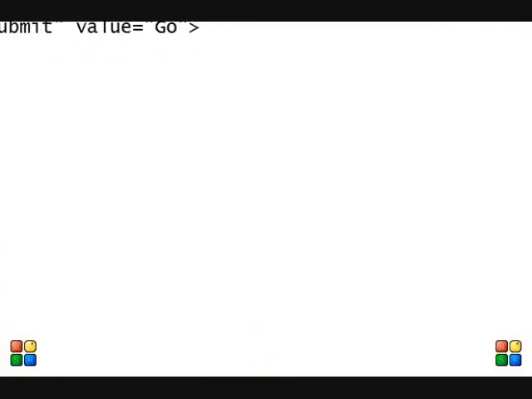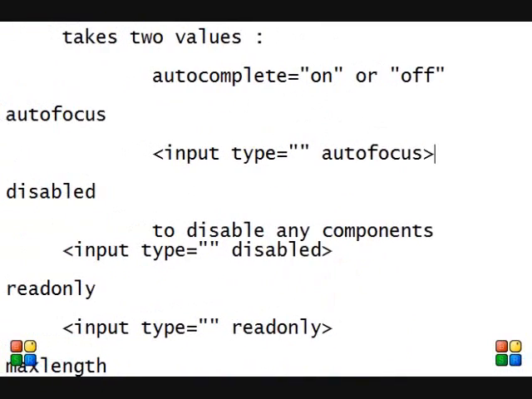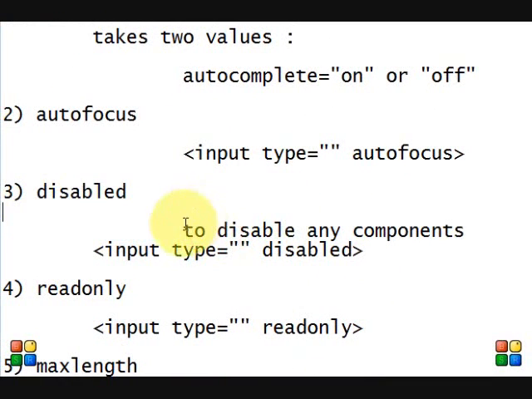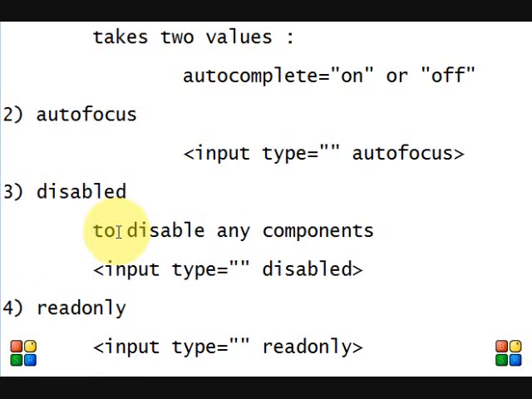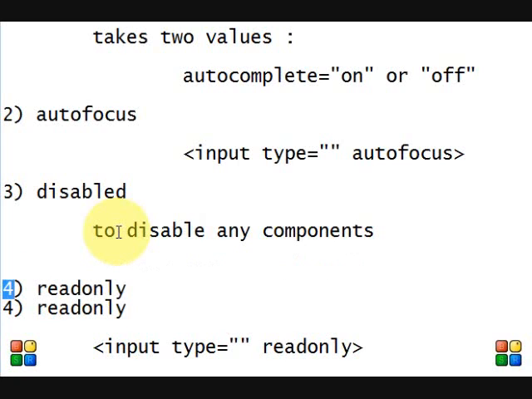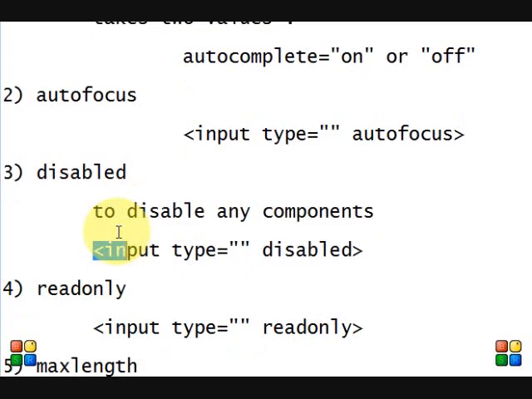Okay, the next attribute you are going to see is disabled. Whenever you are working with the form, it is possible that you want some component to be disabled, and after something happens, some condition becomes true, you want the component to be enabled.